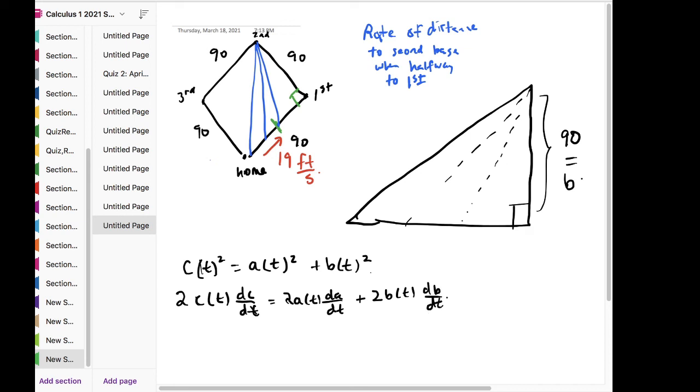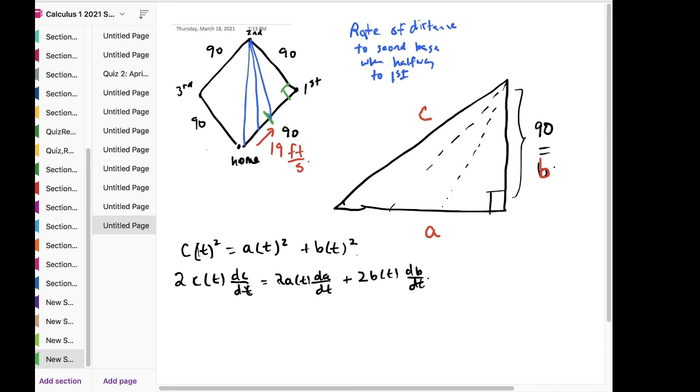Okay, so this is c. If this length is a, and this is the fixed length of b, what do we know is true about any of these values here in the derivative? Again, this is the thing that we want to find.